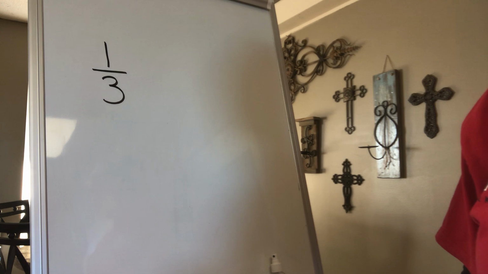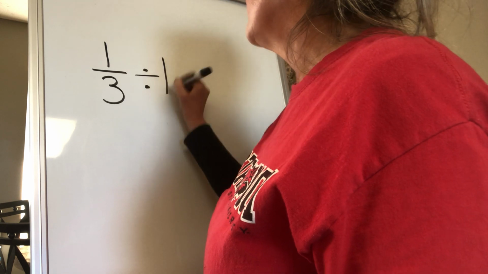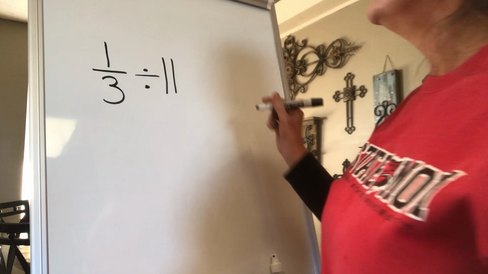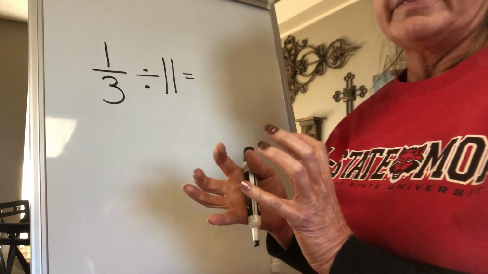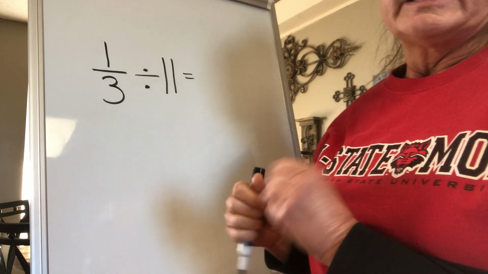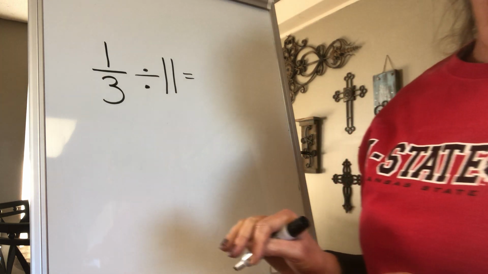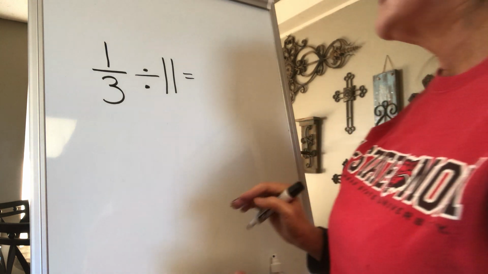Okay, and that 1/3 of a gram is being divided by 11 whole grains of rice, not sand. So I have that 1/3 gram, that's all the weight I have, being divided by those 11 grains of rice.